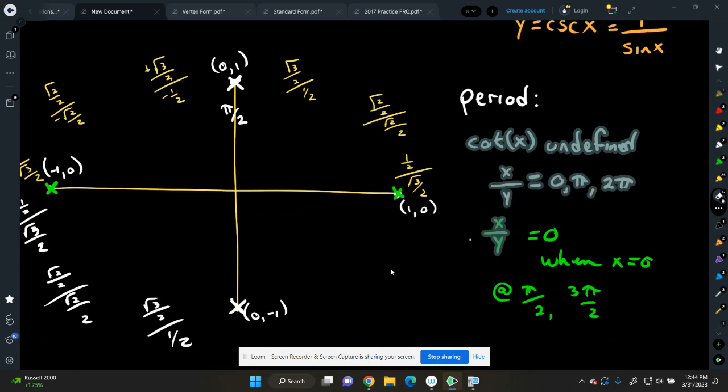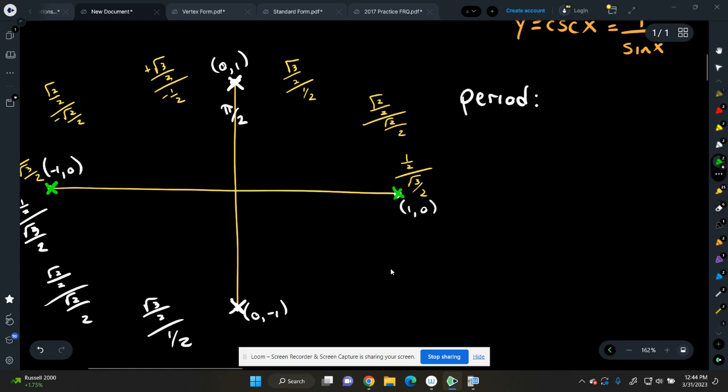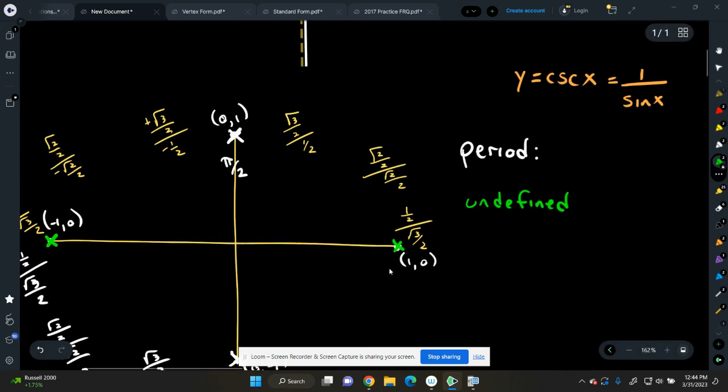Where do we think it's going to be undefined?